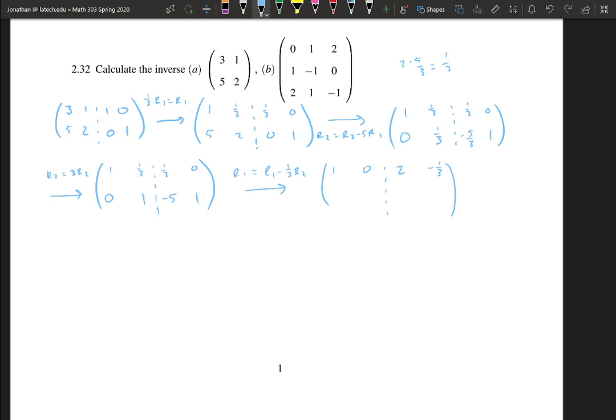Let me make sure I'm doing that right. Feels right. Yeah, okay. And then 0, 1, -5, 1. Okay, let's see. Is this the inverse? Unless I made some mistakes somewhere. Help me out. Make sure I didn't make any mistakes.